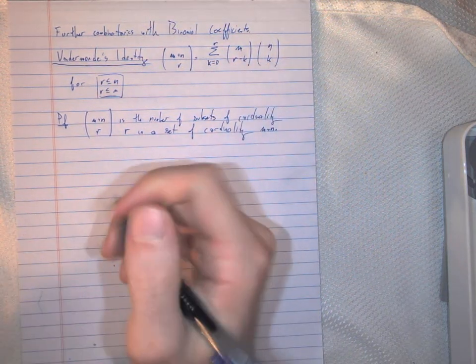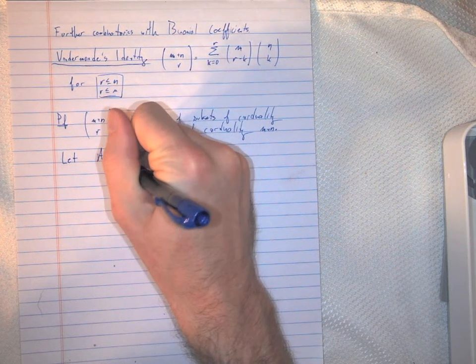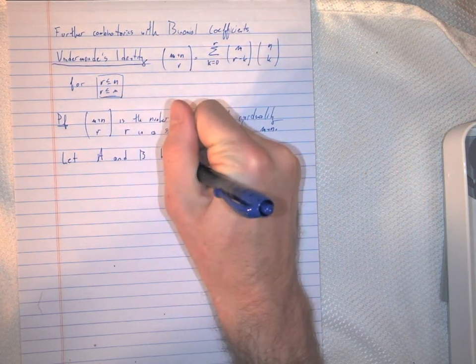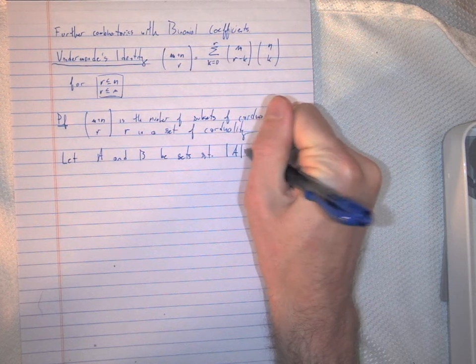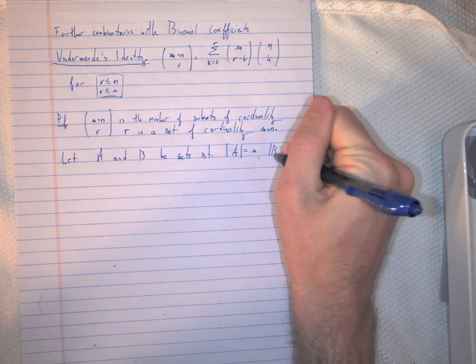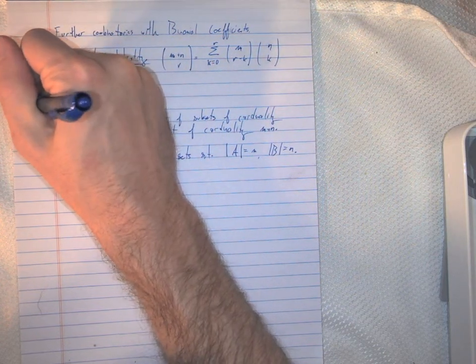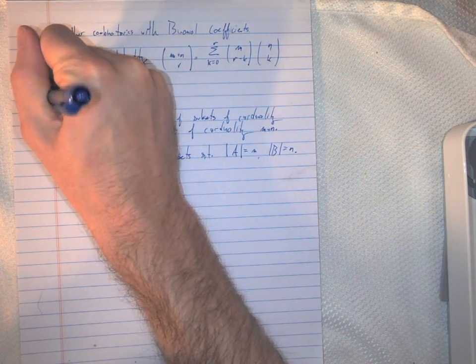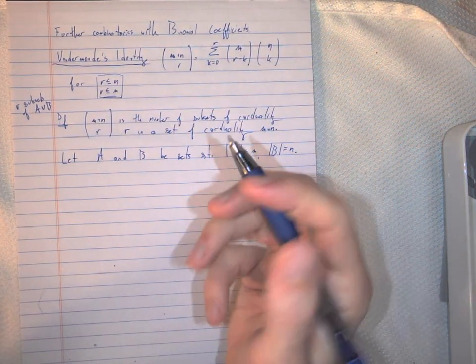So let A and B be sets such that the cardinality of A is equal to m and the cardinality of B is equal to n. We're going to interpret the left-hand side as being r-subsets of A union B. We're going to assume that A and B are disjoint.